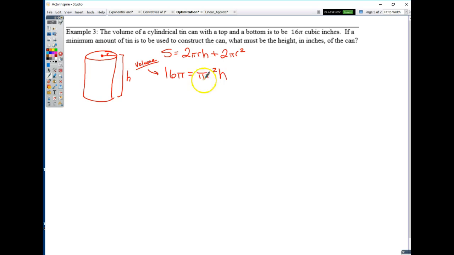Which, by the way, is the area of a circle, which is inches squared times the height, which turns it into inches cubed. Good times. Unit analysis, it is your friend. What do we do?